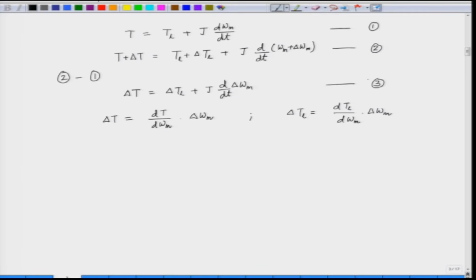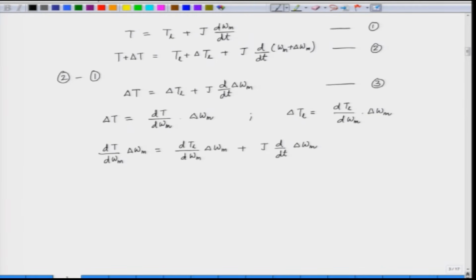Okay. Now, if we substitute for delta T and delta T L in this equation, which is equation number 3, what we get is the following: dT by d omega m into delta omega m is equal to dT L by d omega m into delta omega m plus J d by dt of delta omega m. Now, we further simplify this equation.